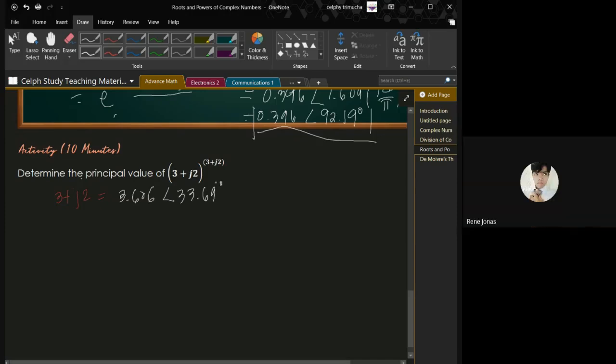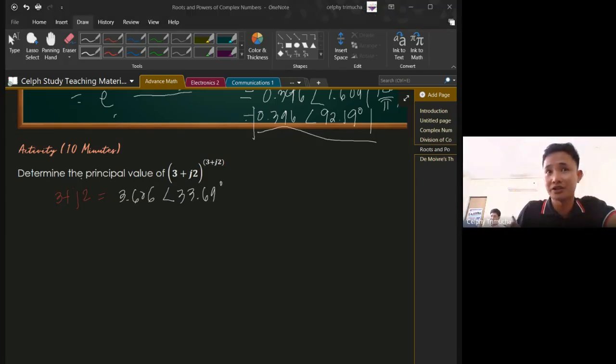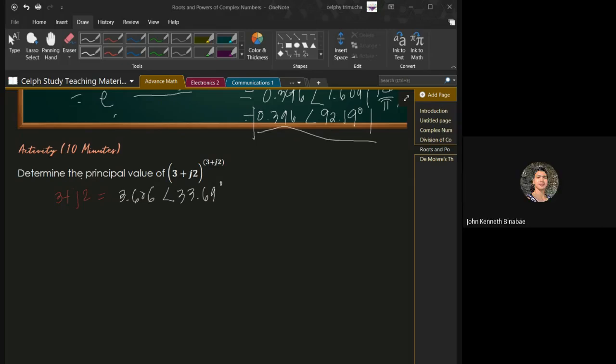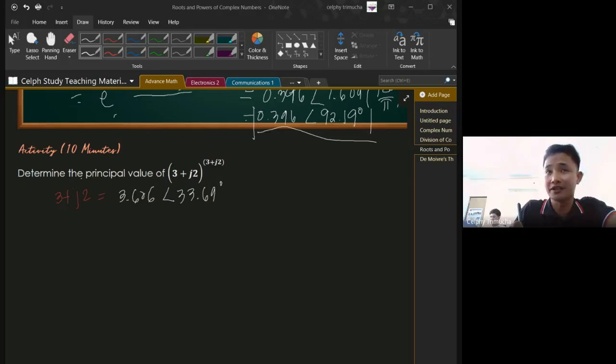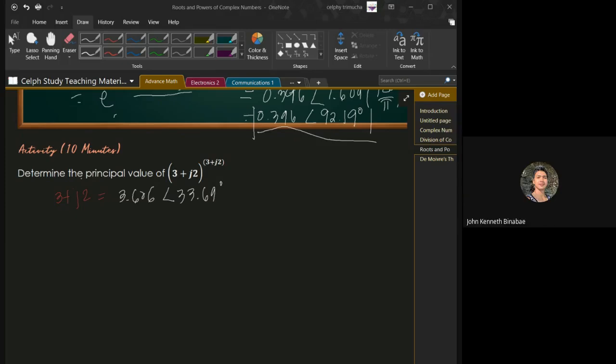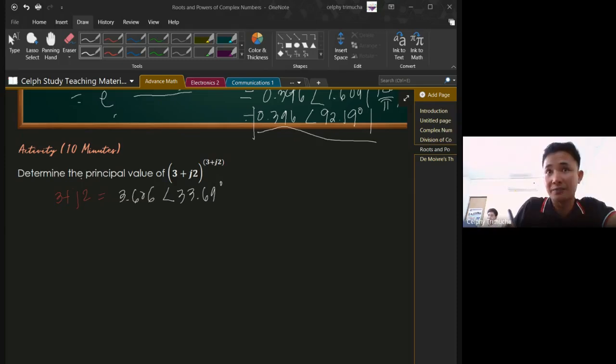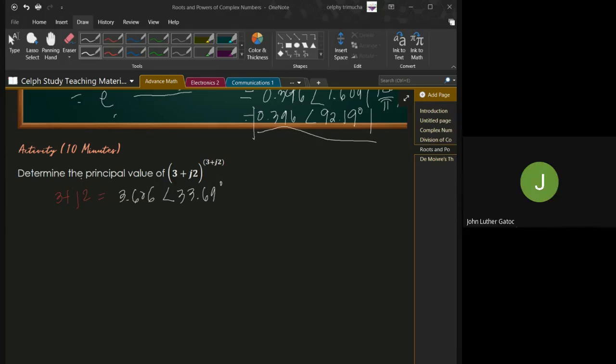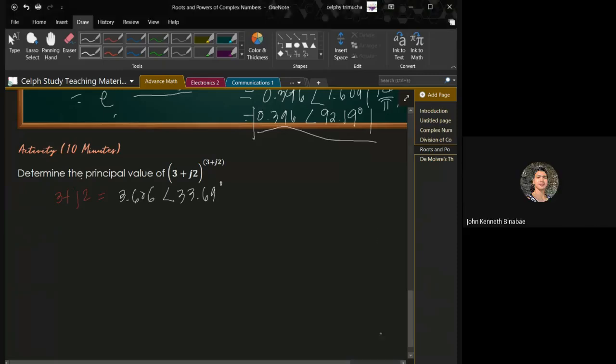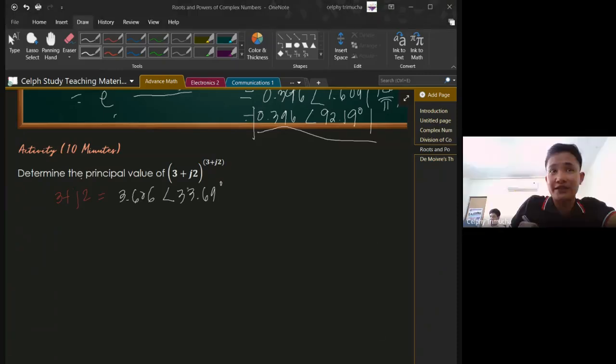Okay. So, kabalo na kamo ni, diretso convert lang sa calculator. Dapat naka-complex yung mode. Mode complex. Di ba magsulat dapat 3 plus J2? Pero kung mag-type sa calculator, dapat 3 plus 2i.